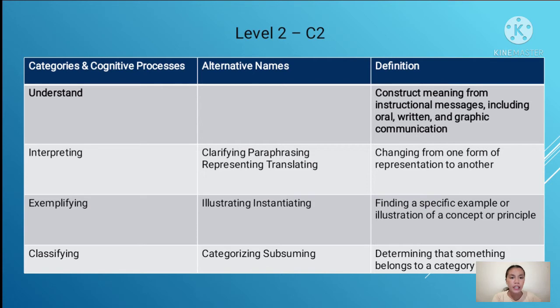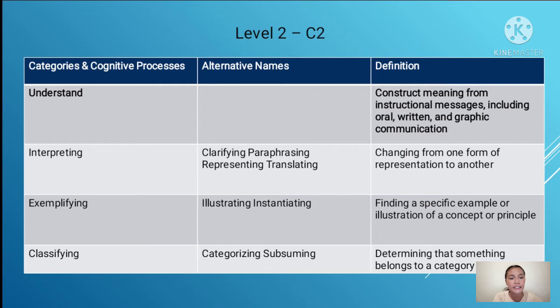In interpreting, the alternative names are clarifying, paraphrasing, representing, and translating, and its definition is changing from one form of representation to another. And exemplifying, its alternative names are illustrating and instantiating. Its definition is finding a specific example or illustration of a concept or principle.